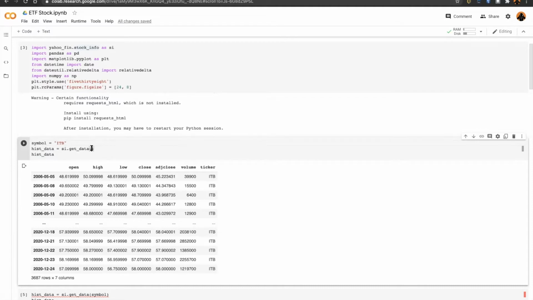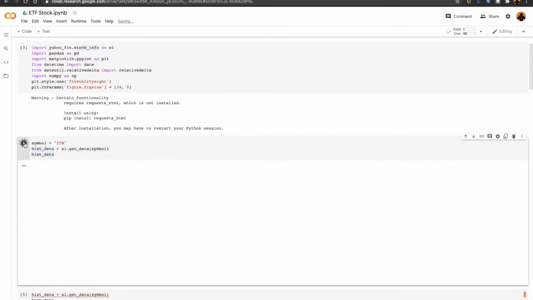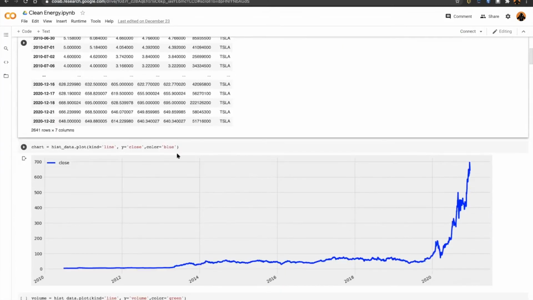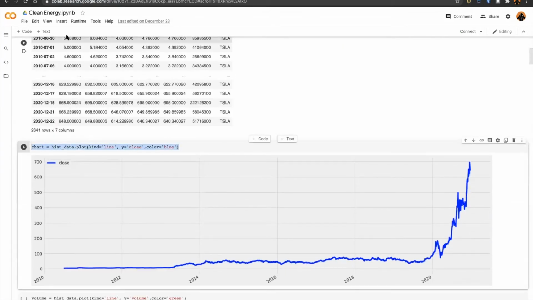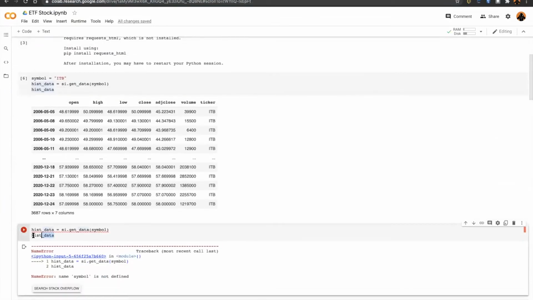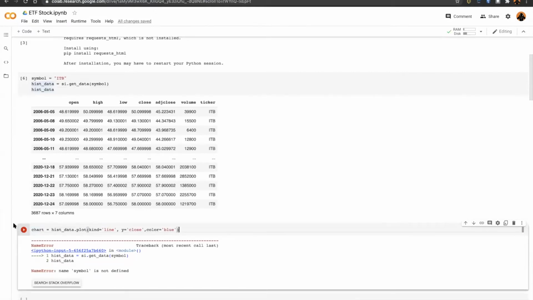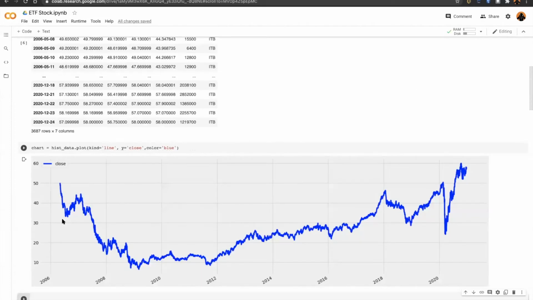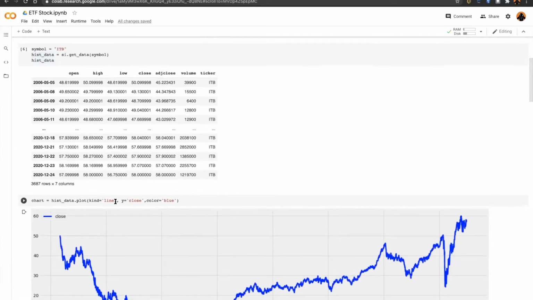Then this one is going to be symbol. Then I will run this. Then what I have to do is show this graph, right? Then run this. Okay, so it's like this. I think that's it here.